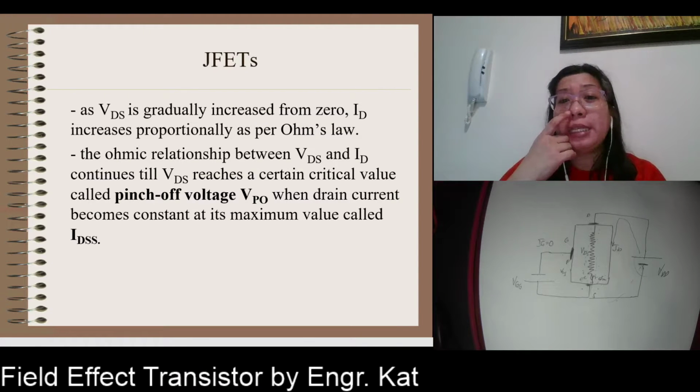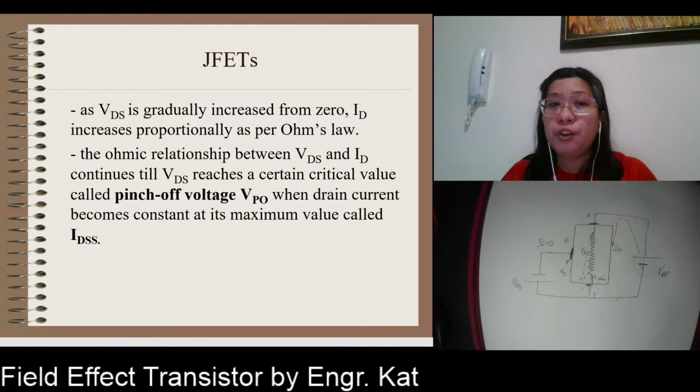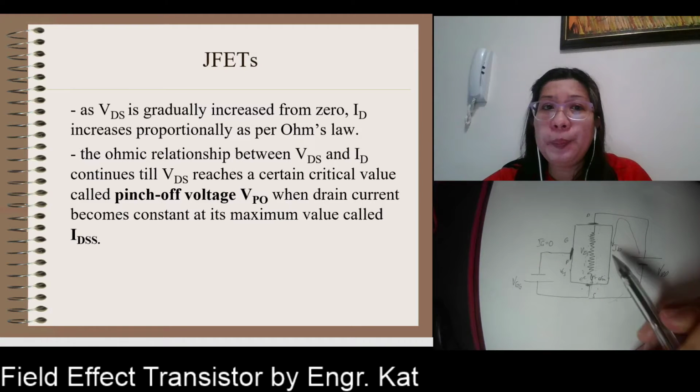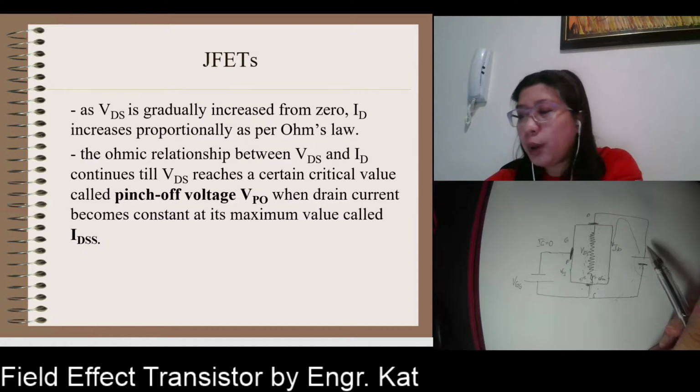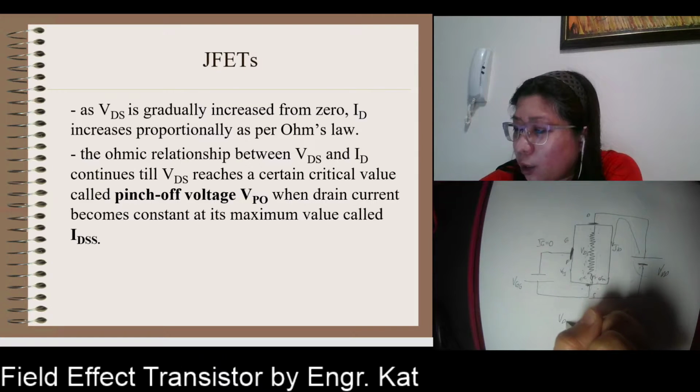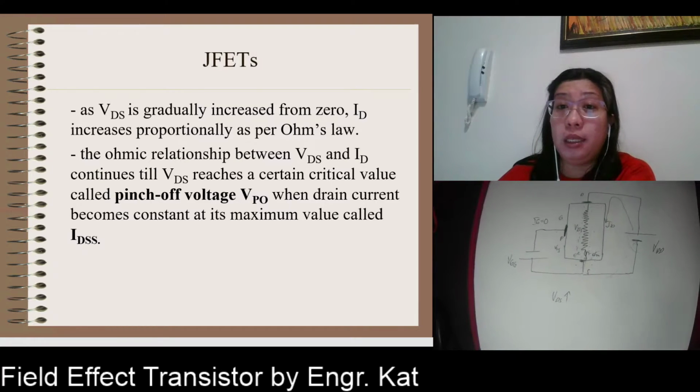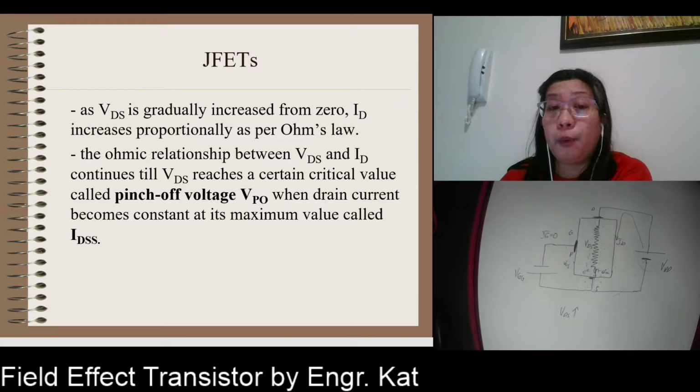So as VDS is gradually increased from 0, ID increases proportionally as per Ohm's law. Okay, so the ohmic relationship between VDS and ID continues till VDS reaches a certain critical value. So as you increase your VDS, your ID increases proportionally.